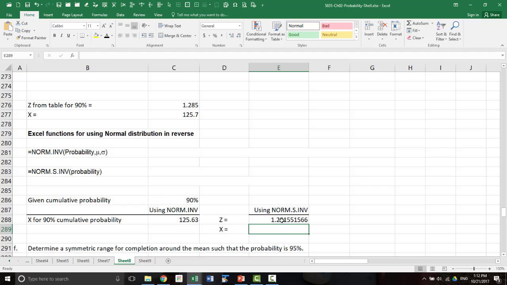See, it is 1.281, and we used 1.285. That's the reason why there is a discrepancy. So now we have to compute the x value ourselves. We can copy this formula because we have absolute reference to mu and sigma. Okay, so you get the same answer as that.